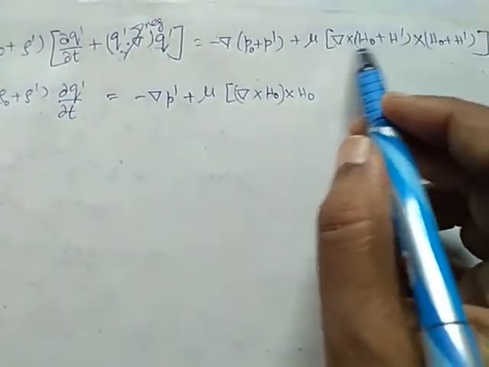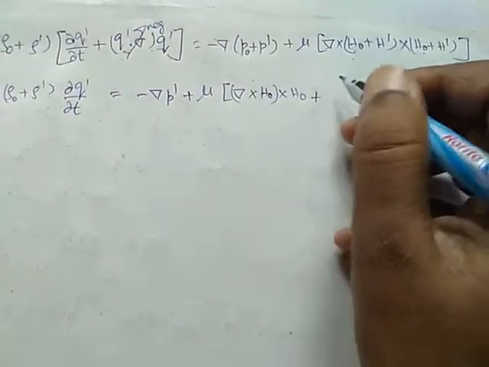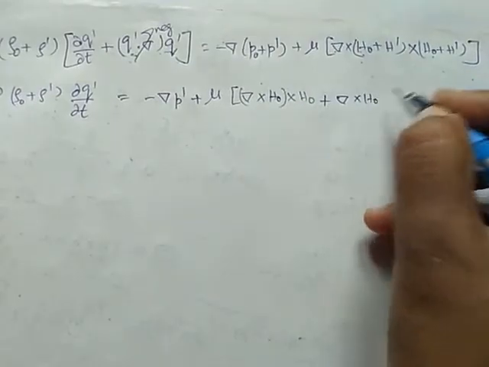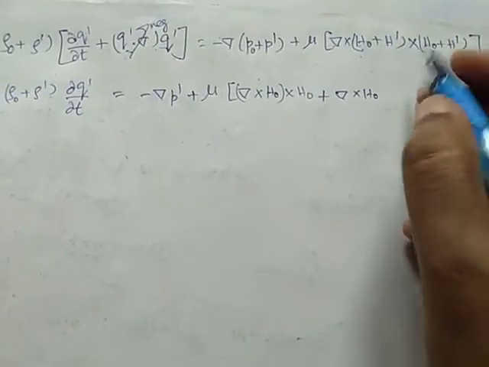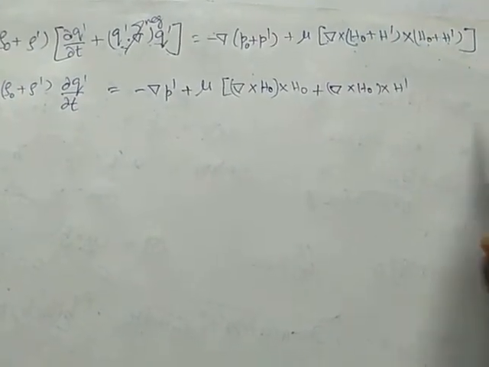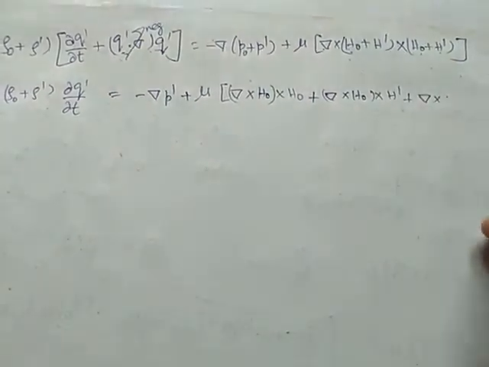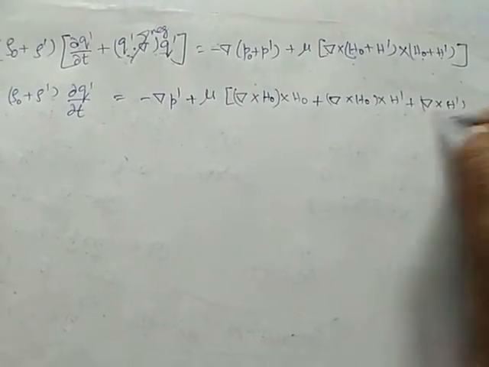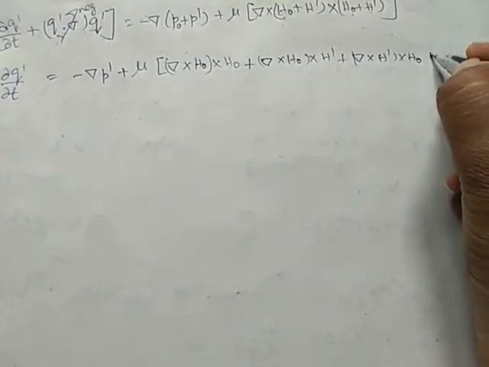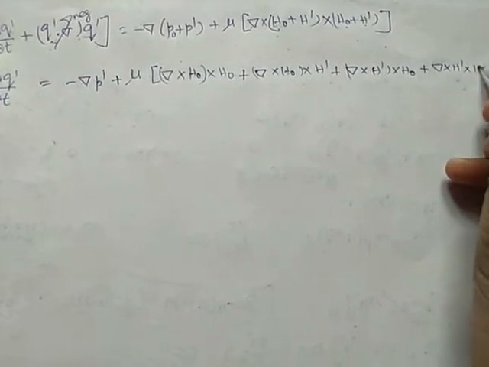This is our first term. Plus del cross h naught cross h dash. This is our second term. Third term is del cross h dash cross h naught. Last one, plus del cross h dash cross h dash.